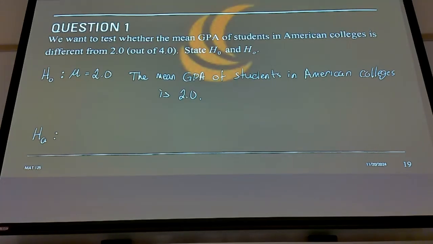Out of the 4.0. Different from, so does not equal.